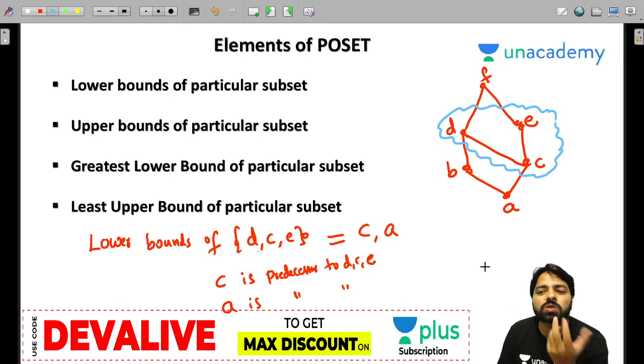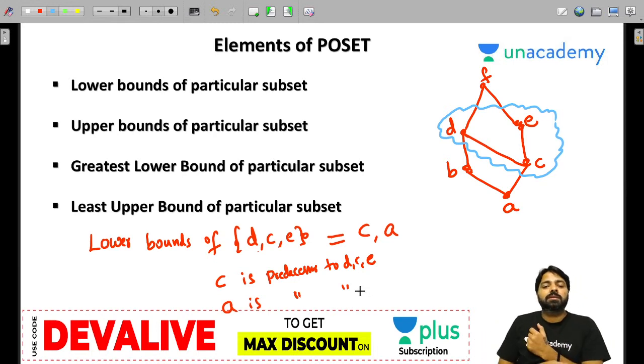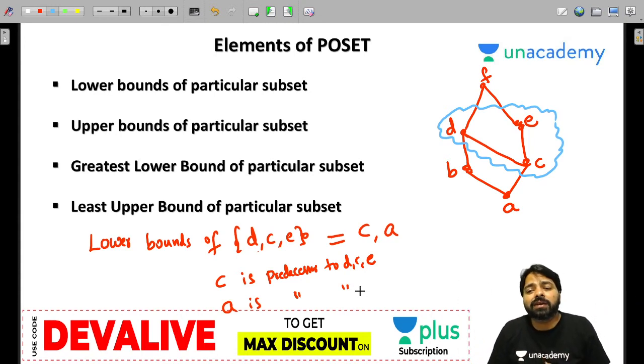A is also a lower bound to these three elements because A has the relation with all the elements of that set. Everybody? Yes, Pranav. A and C both are the lower bounds. Right? But C is there in the same set, A is there in the given set. It's fine. It can be present anywhere.